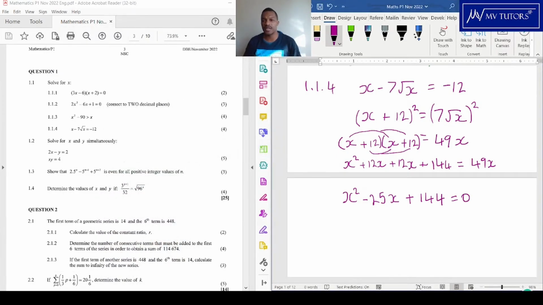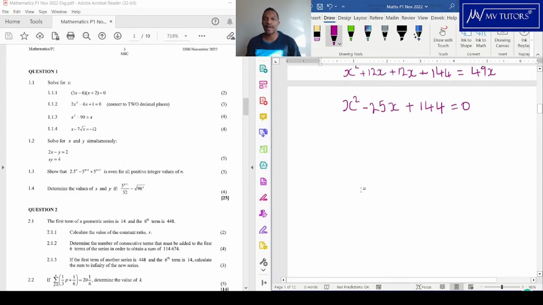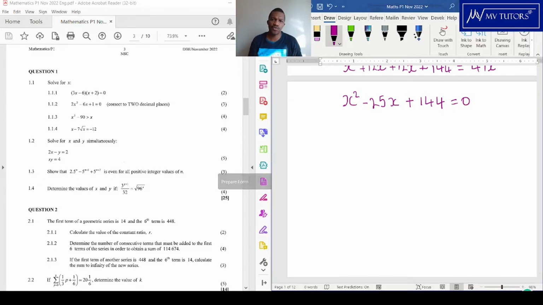At this point, I could really do factors of 144, but I don't want to do that. I'd rather go straight into the quadratic formula. If you remember it, it's minus b, so I'll put little a there, that's b, that's c.